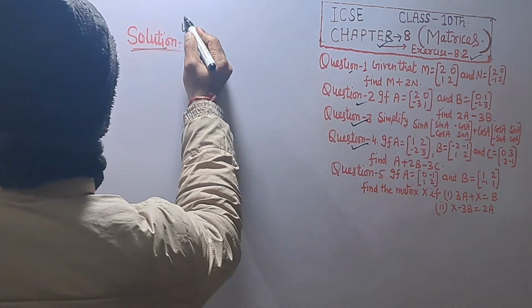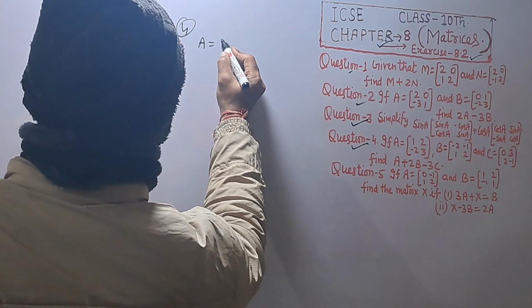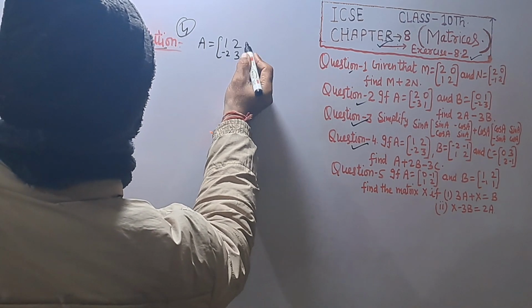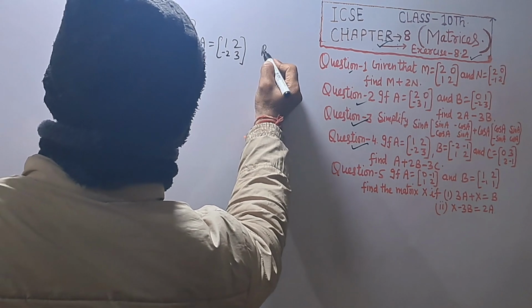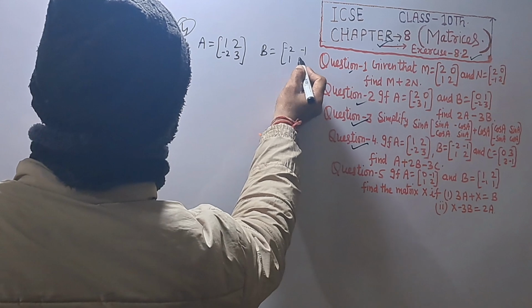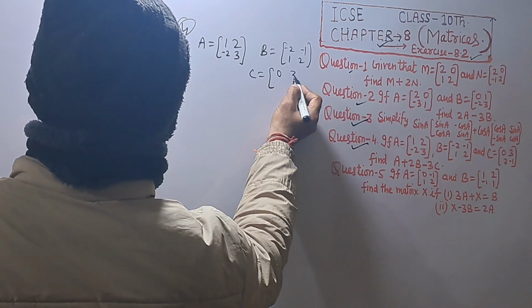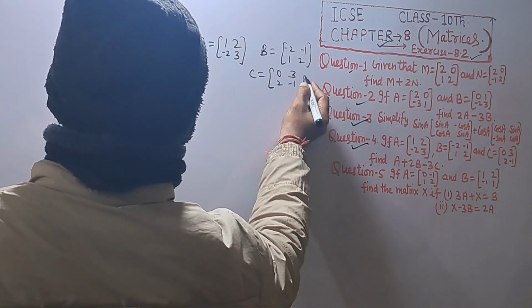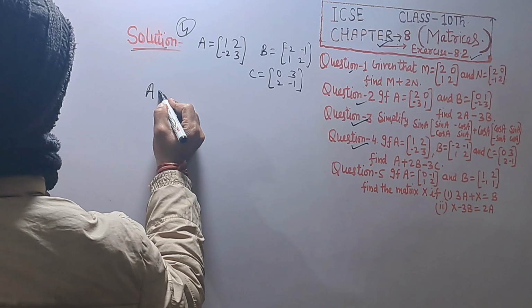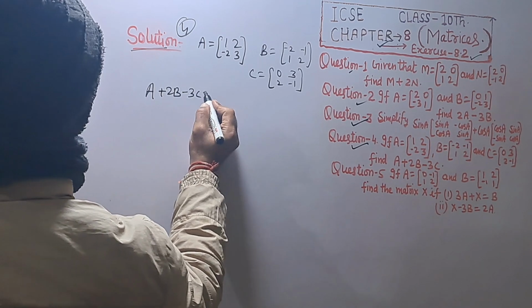Question number 4. If A is equal to [1, 2; -2, 3], B is equal to [-2, -1; 1, 2], and C is equal to [0, 3; 2, -1], then we find A + 2B - 3C.